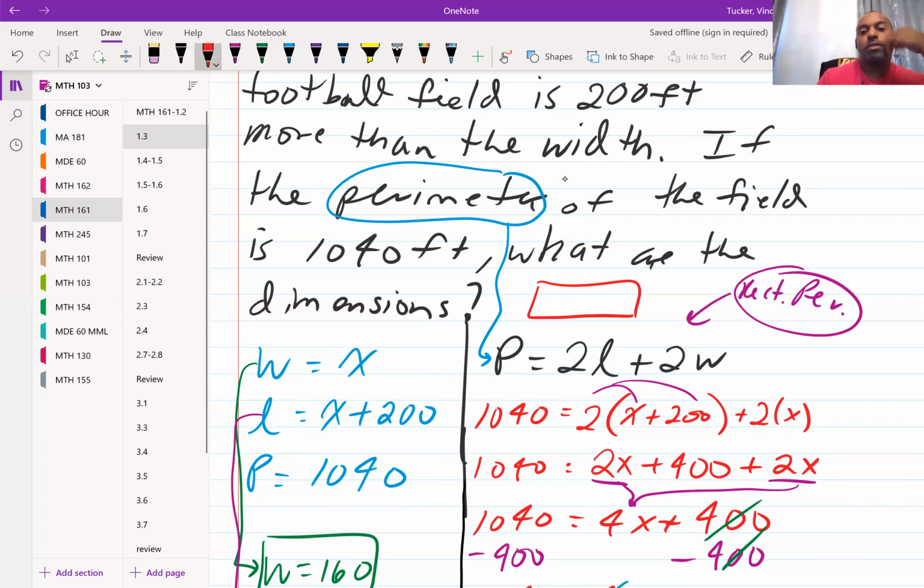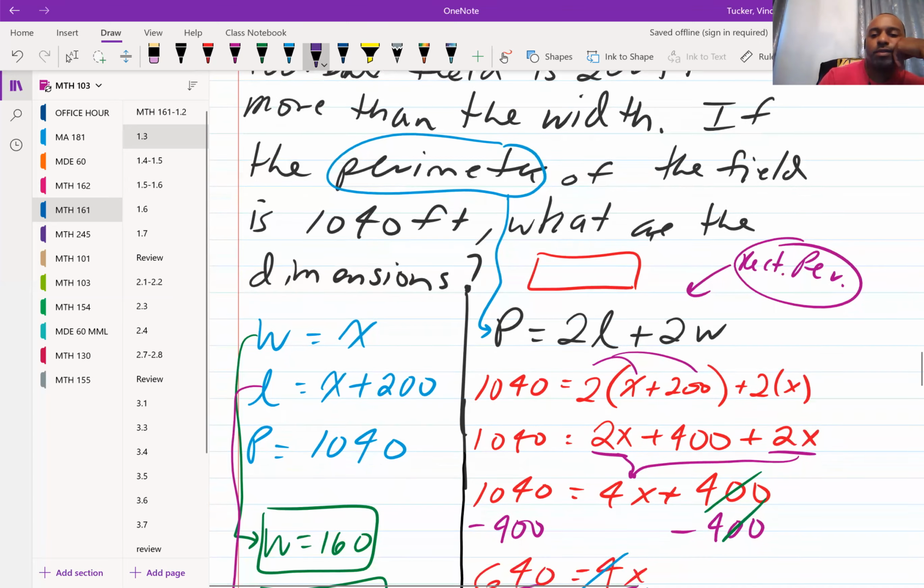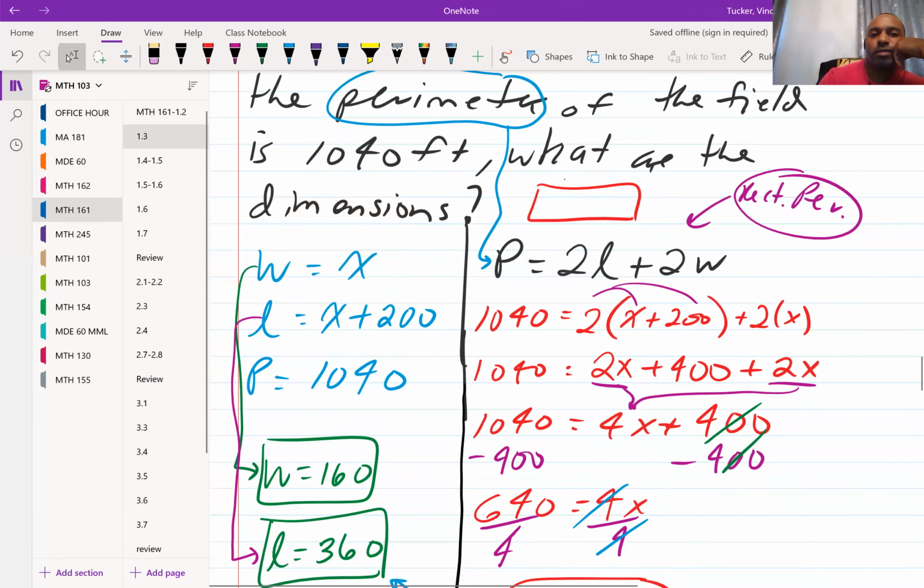All right, so now you can go ahead and solve. Distribute 2, that's 2X plus 400. And then it's plus 2X. Combine your like terms, 2X and 2X gives you 4X. And so we'll be looking at 1040 equal to 4X plus 400.